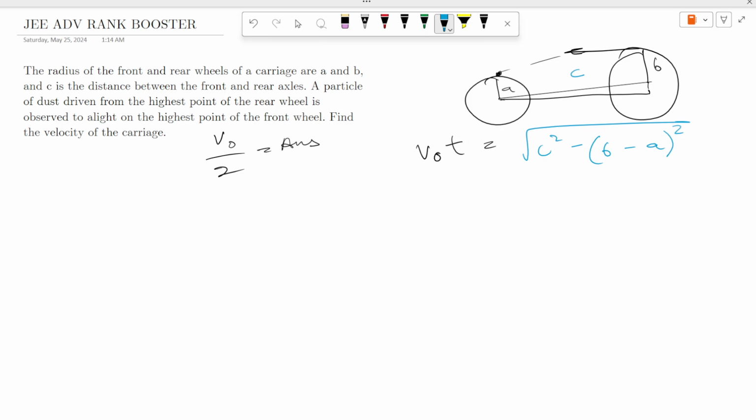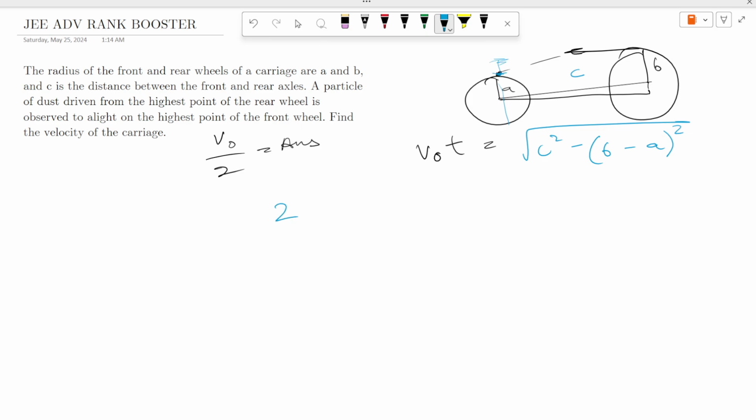Now we need to figure out the time for it. The time for it is very easy to figure out. The initial velocity is 0 and the total height it travels is what? It's going to be 2b minus 2a, because this is the total diameter and this is the total diameter, so this is the distance we are calculating.